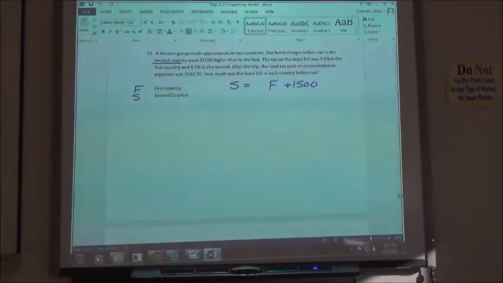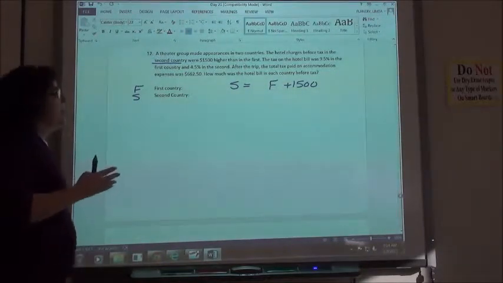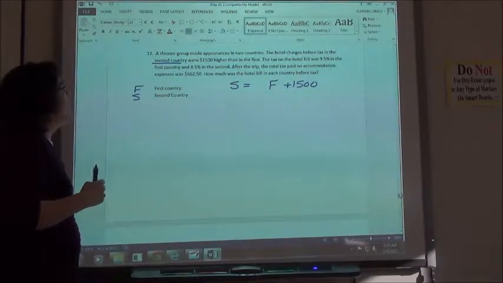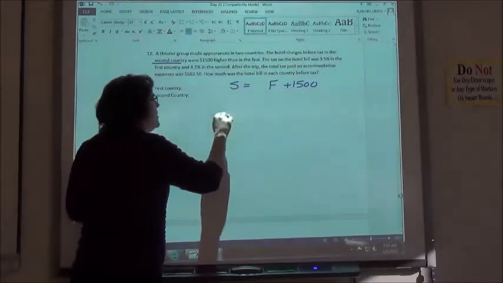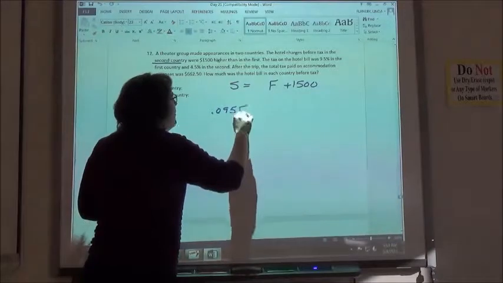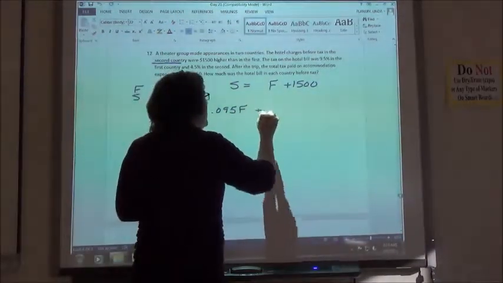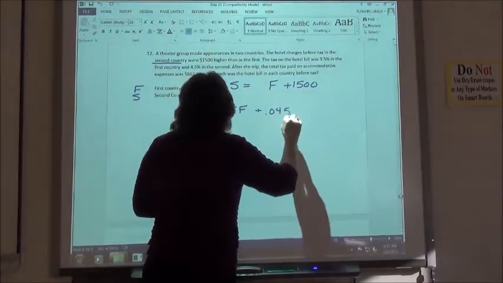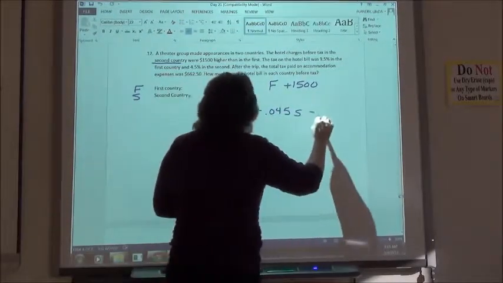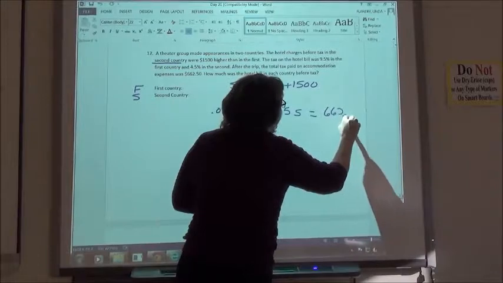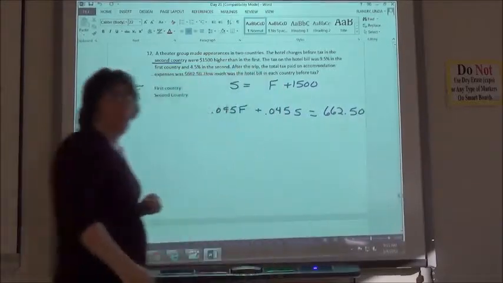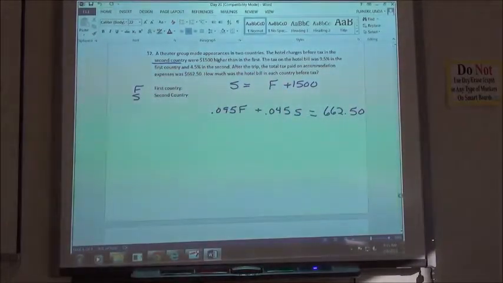Then I have my percentages. The tax on the first was 9.5%, so 0.095 on the first. The tax on the second was 4.5%, so 0.045 on the second. My total tax is $662.50. So again, I'm going to solve by substitution.